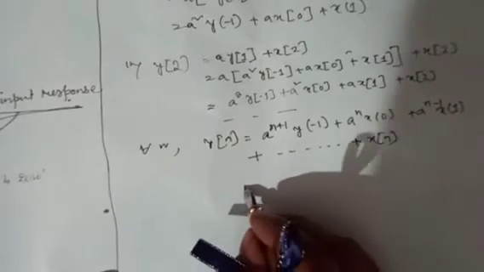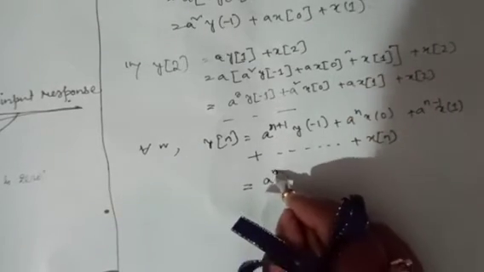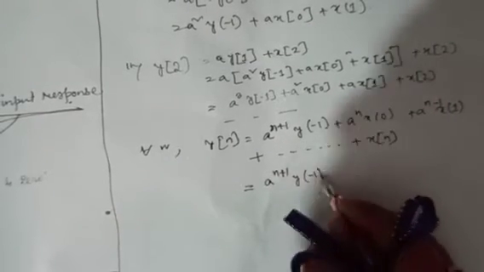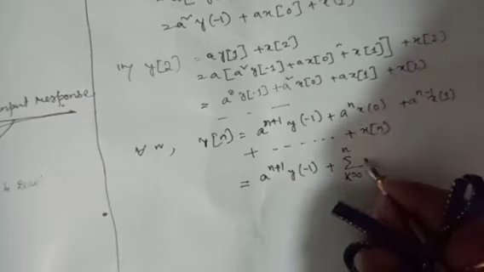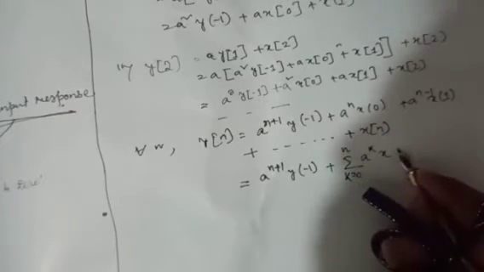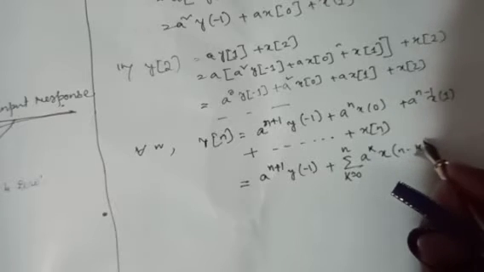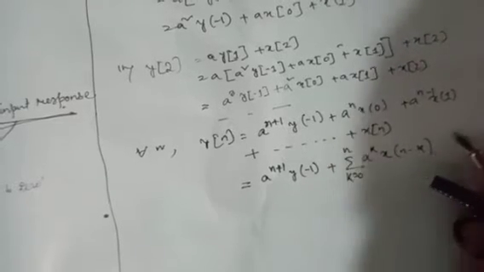Now this can be written as a to the power n plus 1 y of minus 1 plus summation over k from 0 to n of a to the power k x of n minus k, for all n greater than or equal to 0.